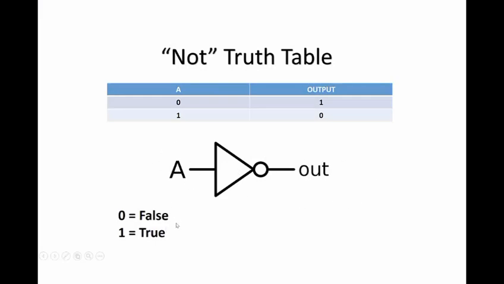And instead of writing true and false all the time, in these truth tables, people write 0 to be false and 1 to be true. And what you can see is that if A, or the input, is false, the output is true. And likewise, if the input is true, then not A, or the output, is going to be false. So basically, the NOT gate just gives you the opposite of the input, right?